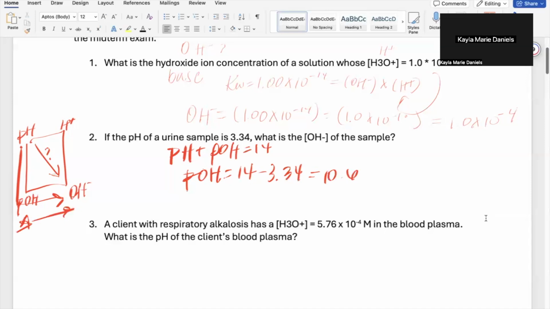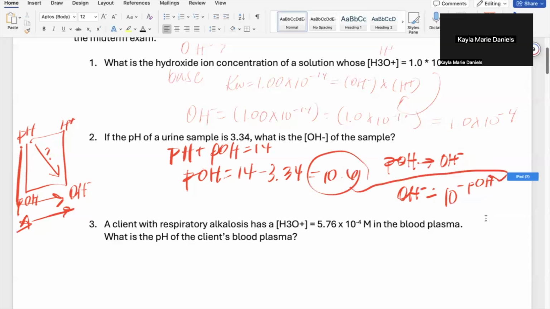That formula you would be given on your reference sheet. To go from pOH to OH minus, OH equals 10 to the negative pOH. So I would take this 10.6 and put it as an exponent here.